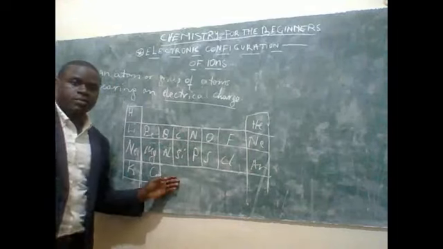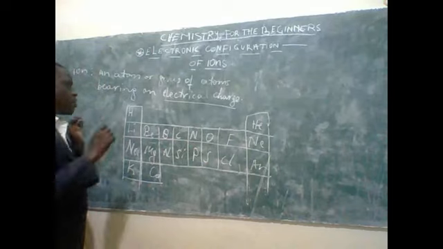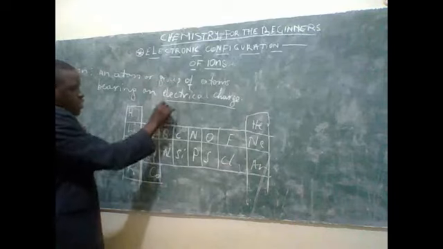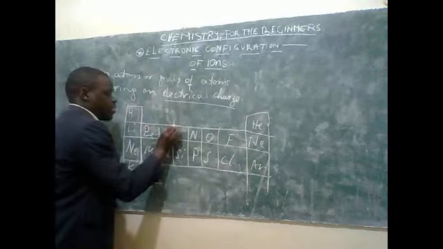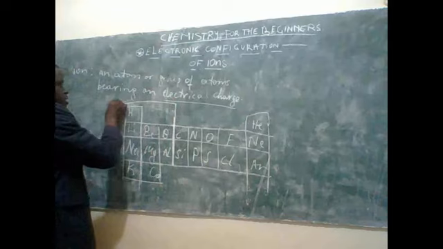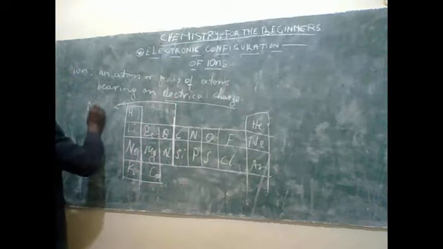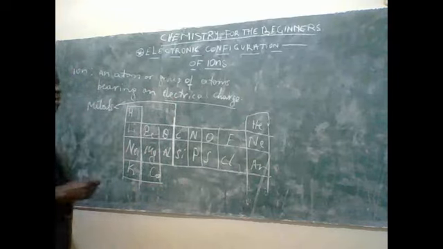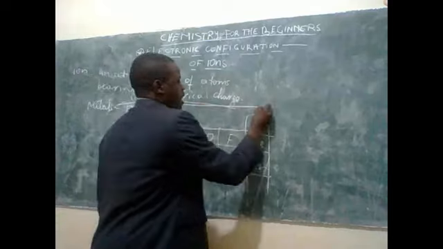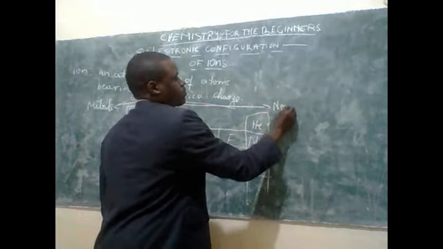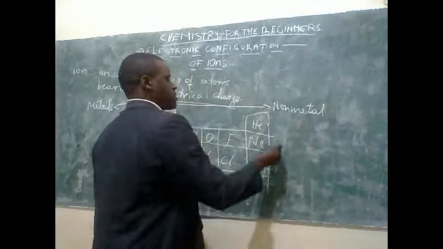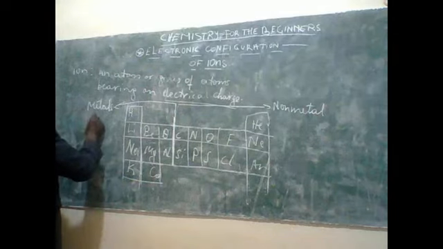Here, I told you that from family 1 up to family 3, and going to the left side, they are all metals. And then from the fourth group to the right side, they are all non-metal elements or atoms.